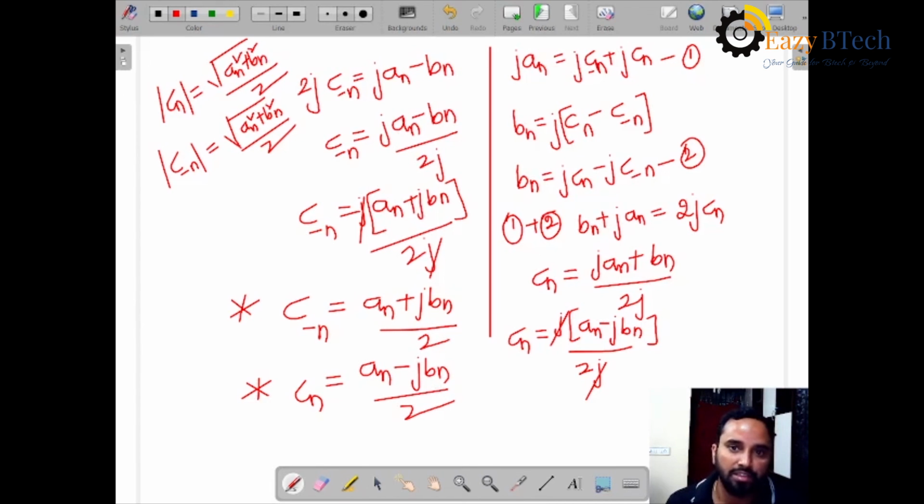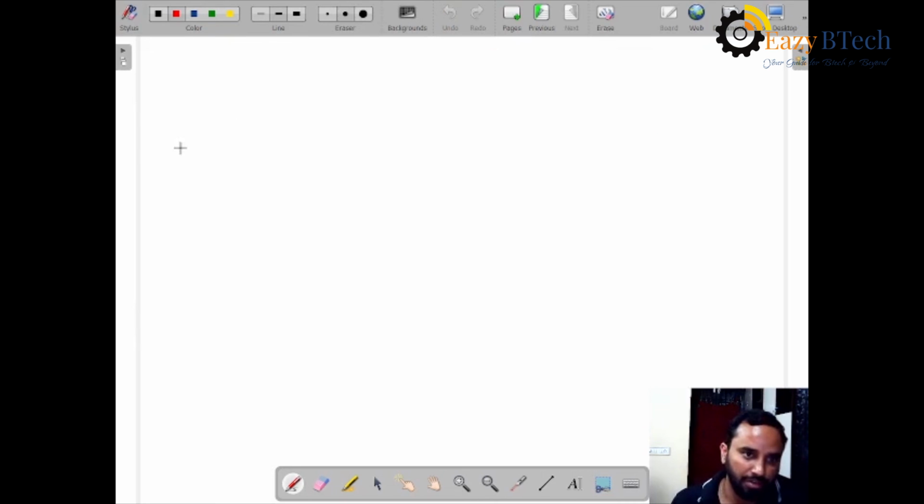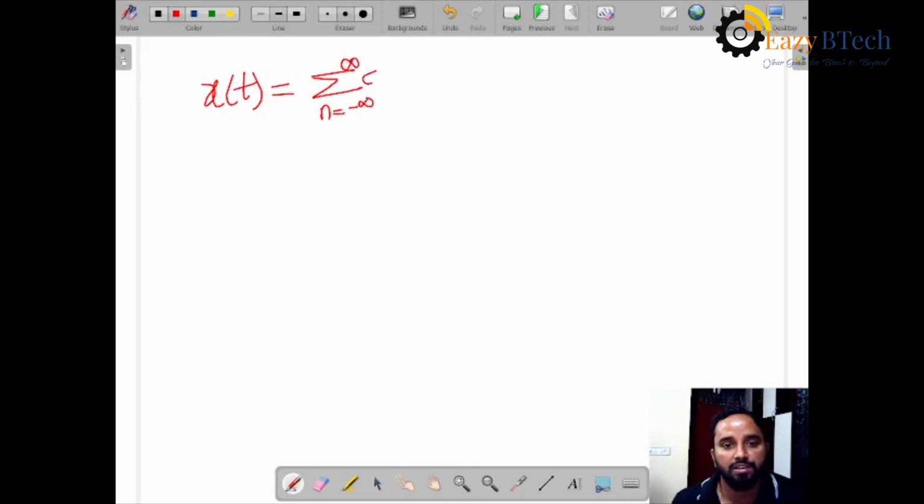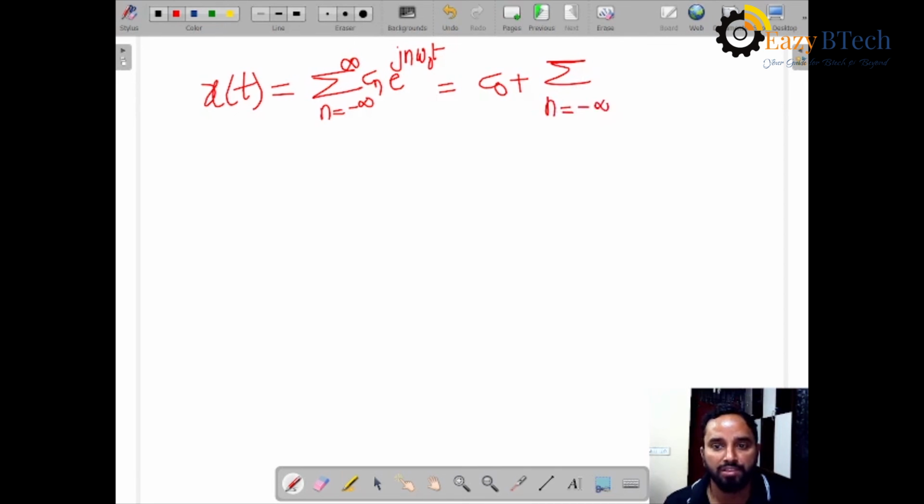So let's write the summary of what we have done till now about exponential Fourier series. The exponential Fourier series definition is x of t is equal to summation n is minus infinite to plus infinite Cn e power jn omega naught t. Right? And we can also write like this: C naught plus summation n is minus infinite to plus infinite, but n is not equal to 0.